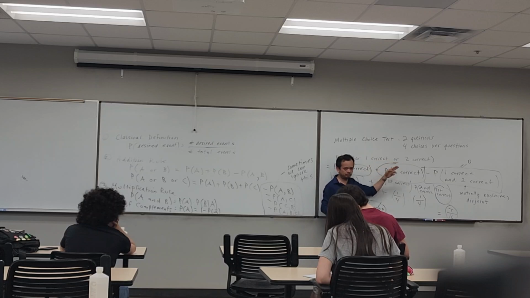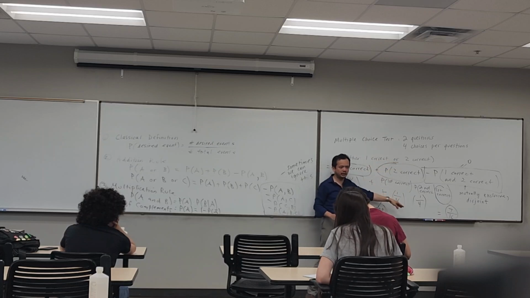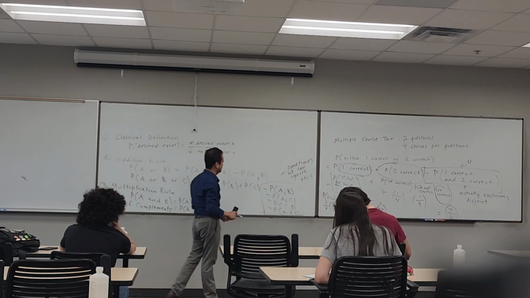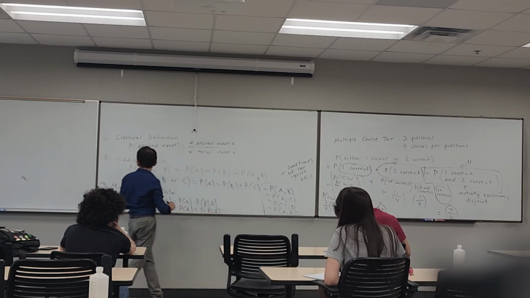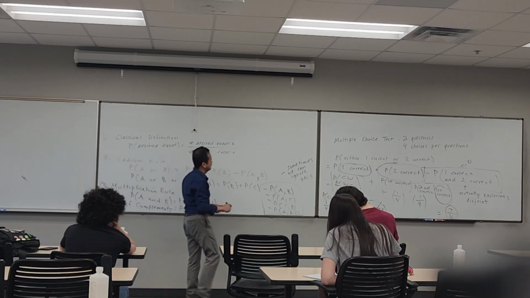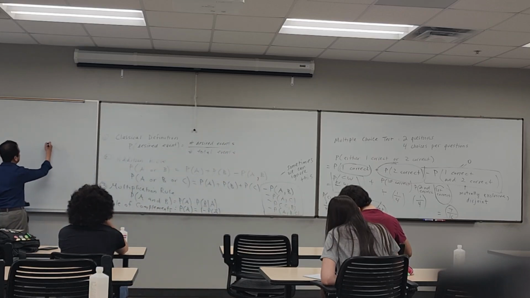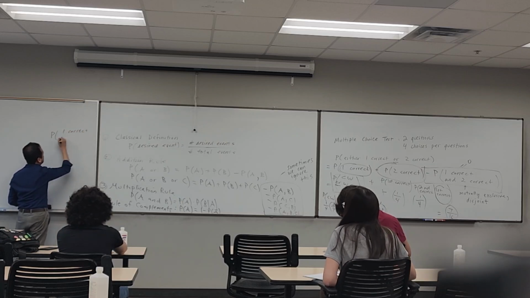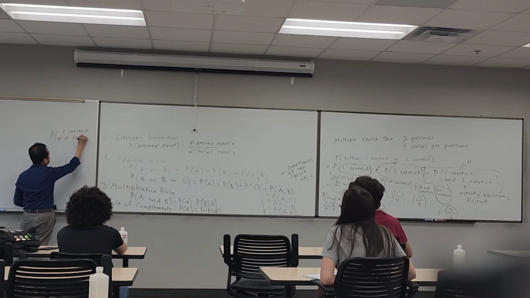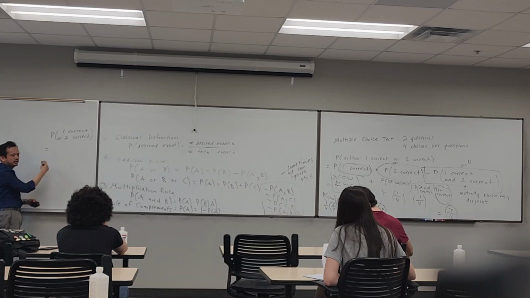So if we can easily find the probability of the complement, then all we have to do is subtract from 1, and we can get the same answer that we got here. So let's go ahead and try it. So we're trying to find the probability of getting either 1 correct or 2 correct. And we said that we can use the probability of the complement, which is getting 0 correct.